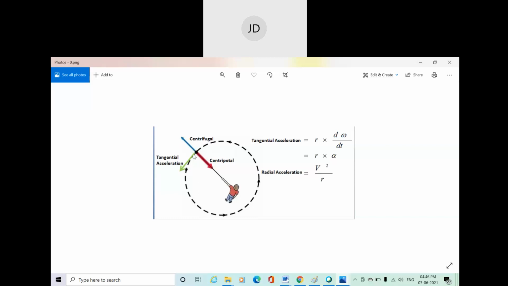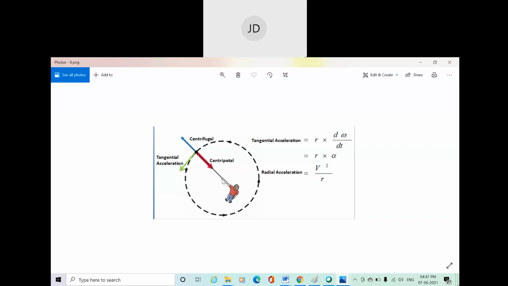Basically, two forces mainly act. One is the centrifugal force, which tries to take the ball in the outer direction. That means if you cut this thread anywhere, the ball will go outside. And there is a tangential force, tangential to the circle, and to resist this centrifugal force, one force also acts, which is directed to the center of the circle.